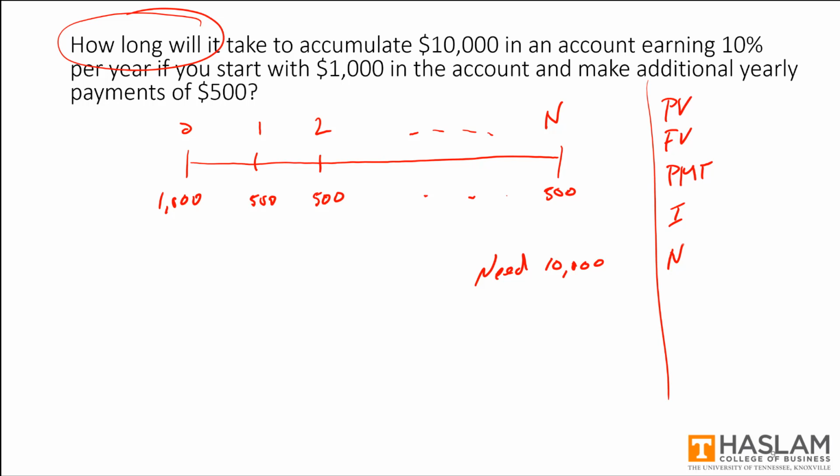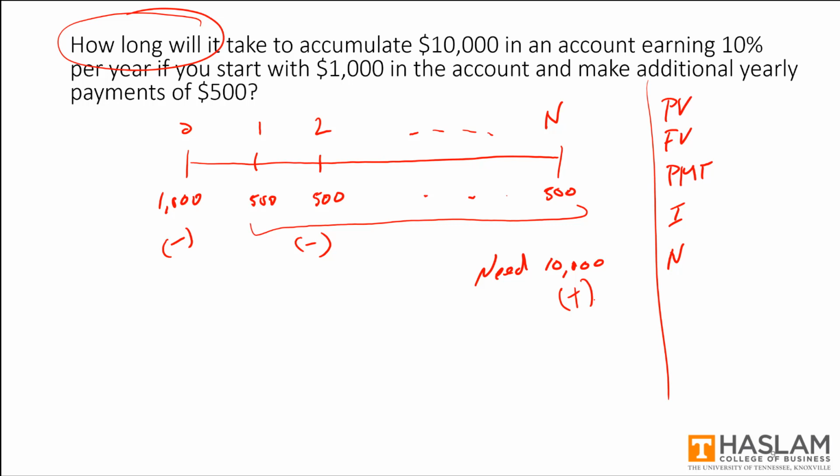So I'm going to think of the deposits as an outflow. And so I'm going to make this negative as well as all of these. And then at the end of this timeline, at the end of N periods, I'm going to pretend that I withdraw the $10,000 and bring it into a wallet. So that's going to be positive.